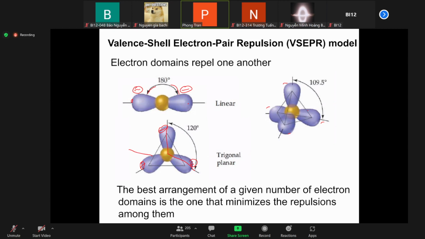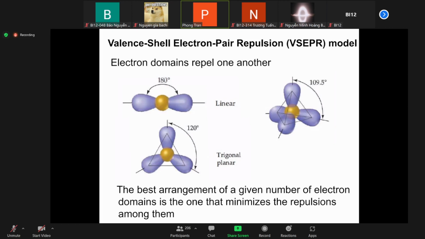Optimal interaction means the system will have the lowest potential energy. So the take-home message is that the best arrangement of a given number of electron domains is the one that minimizes the repulsion, because they have the same negative charge. So we will see that the arrangement, in other words, the geometry of the molecule, depends on the number of electron domains.